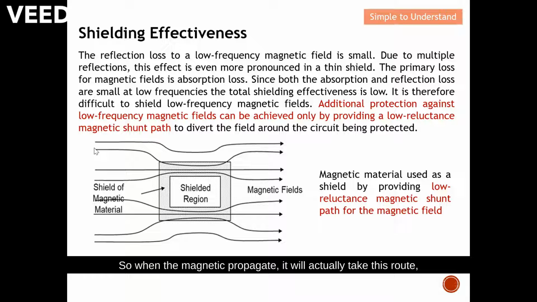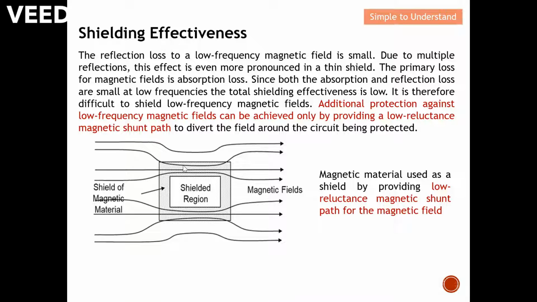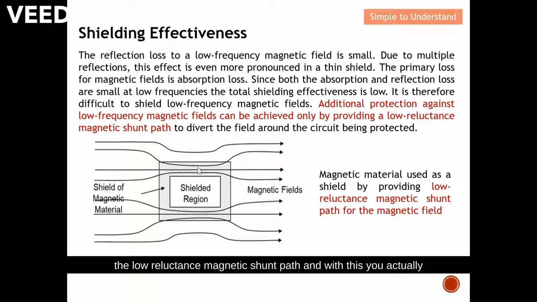When the magnetic field propagates, it will take this route, the low reluctance magnetic shunt path. With this, you re-divert the magnetic field. So instead of disturbing your sensitive component, the magnetic field travels around it, and this successfully provides shielding effectiveness against magnetic field.